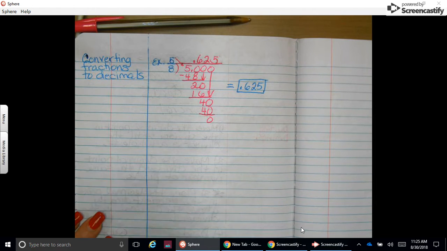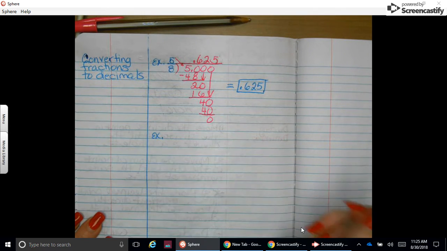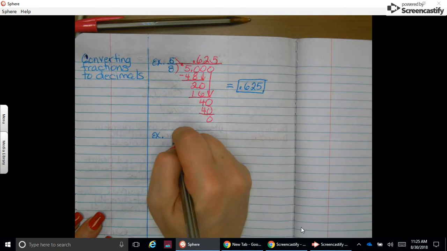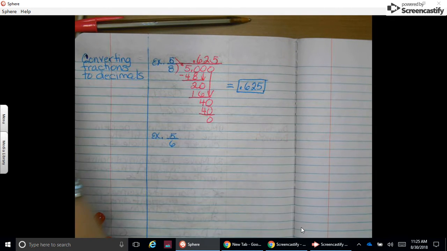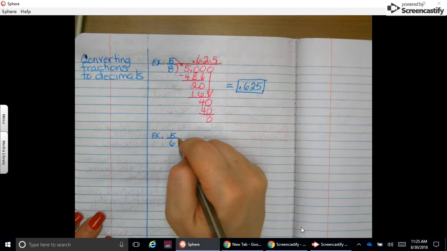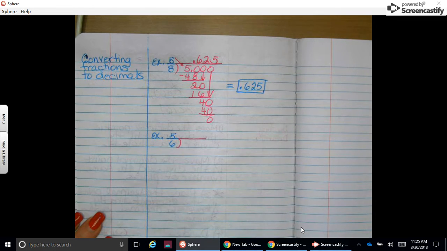Let's do another example. Here I'm going to say 5/6. So again, I'm going to make my long division symbol right next to and touching the edge of my fraction line, which automatically puts 6 in the divisor spot.